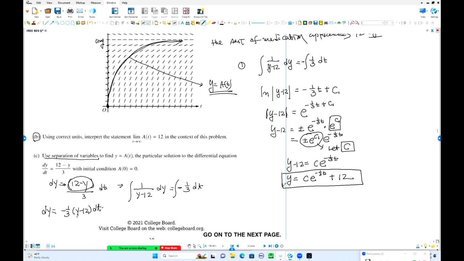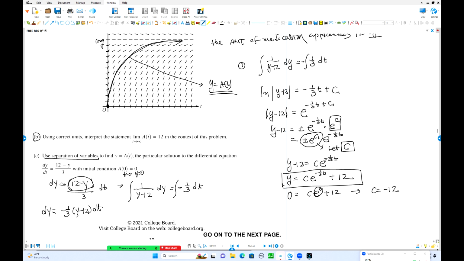Now we decide the value of C. When t equals 0, y equals 0. Put in y equals 0, t equals 0: e to the 0 is 1, so C plus 12 equals 0. From here we can see that C equals negative 12. Are you okay with this?